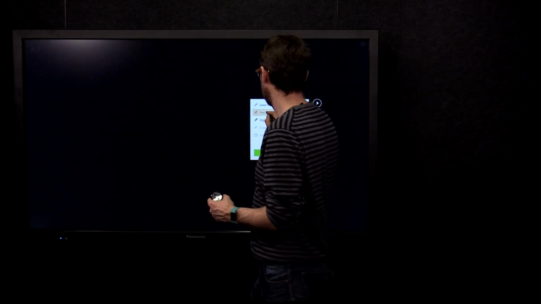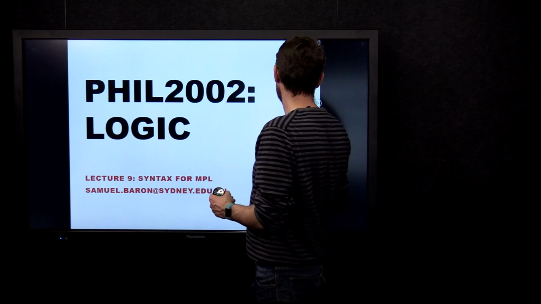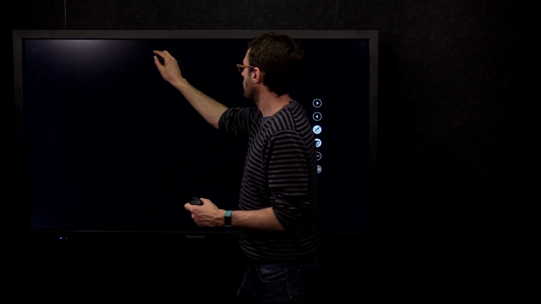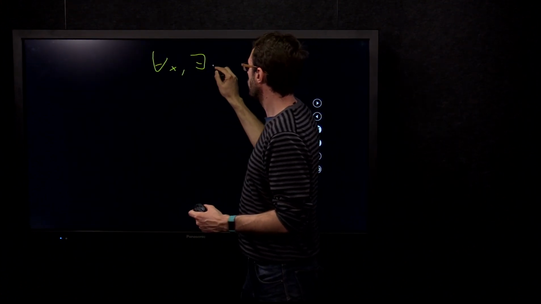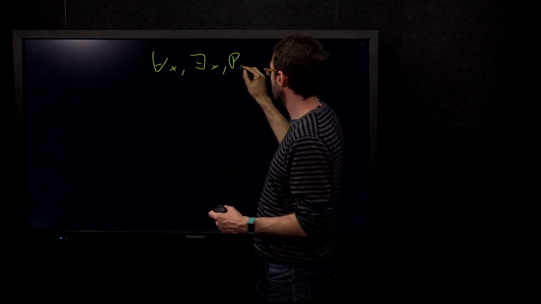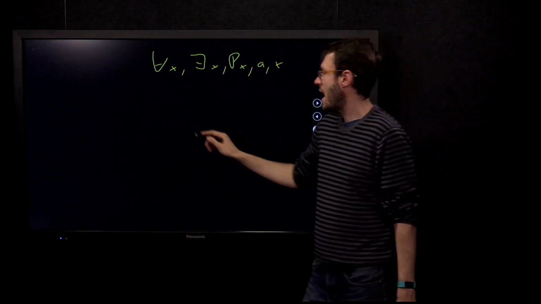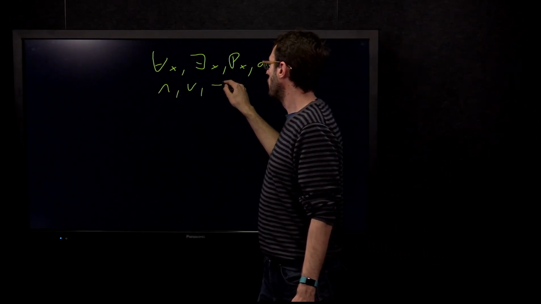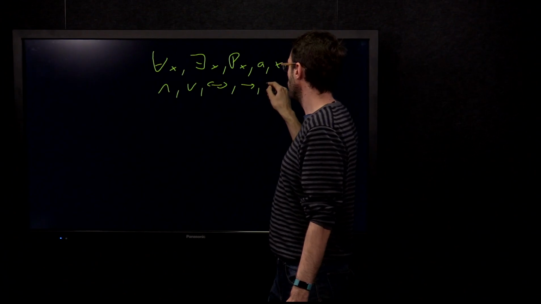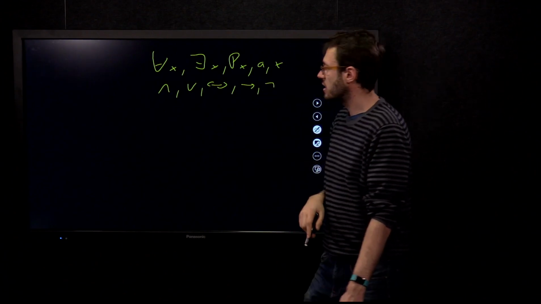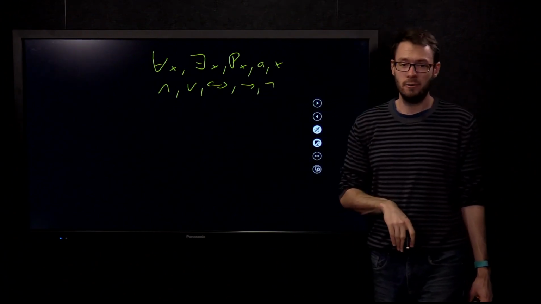We've got the universal, we've got the existential, we've got the predicate letters, we've got the names, and we've got the variables. And then we've got the and, the or, the biconditional, the conditional, and the negation. So we've got those components as well.